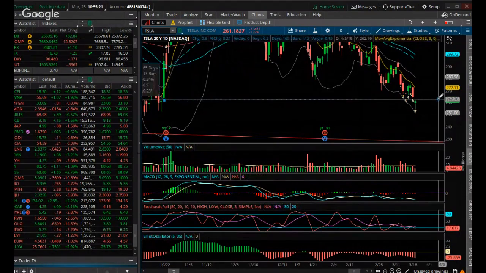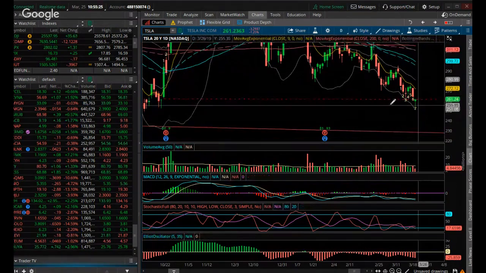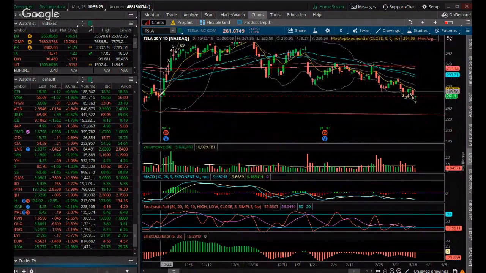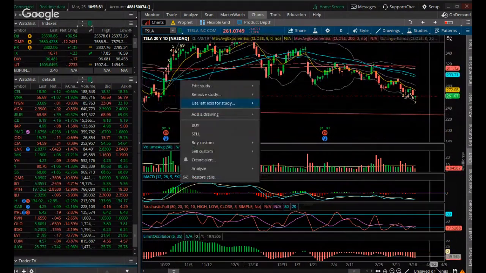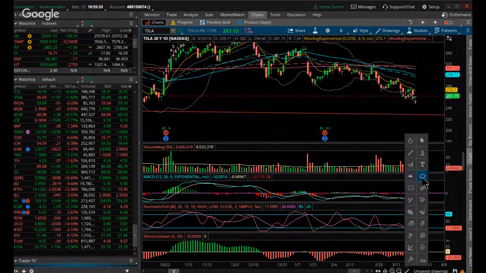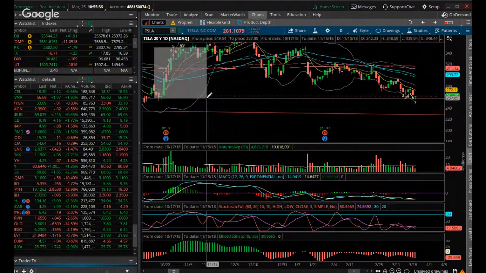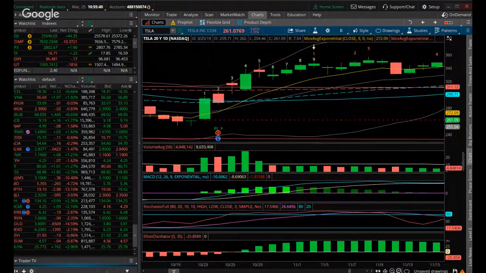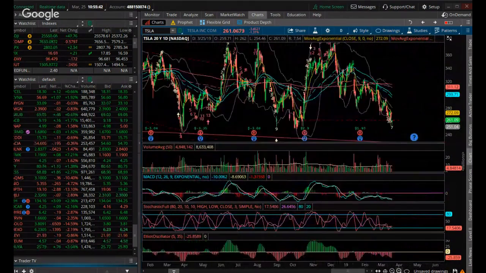And unfortunately, it is being broken, and we want to see if it closes below the low of 1 to negate these buyers. We want to see if this set of buyers are negated by the new sellers that are coming into the market.